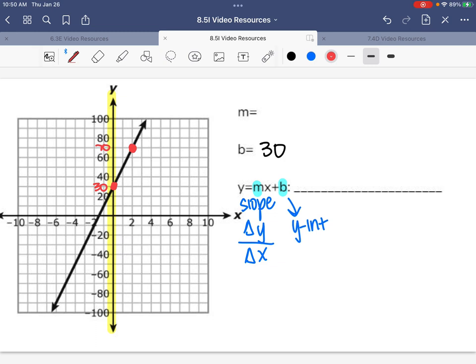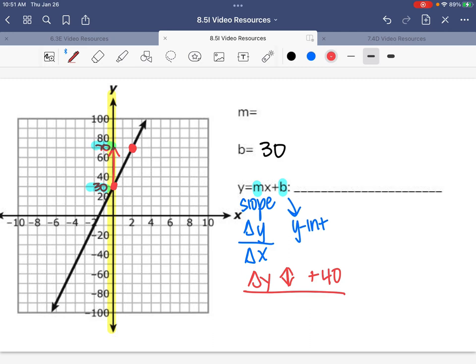Now, the change in y, is that up or down? And I'm going from 30 up to 70. So I've increased by 40.